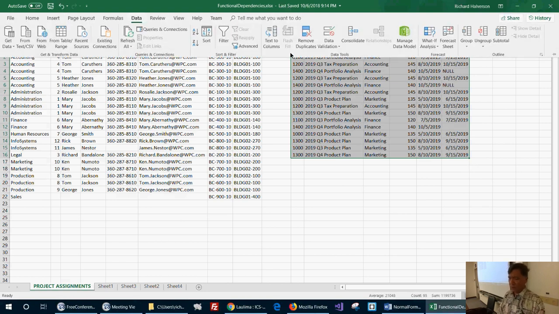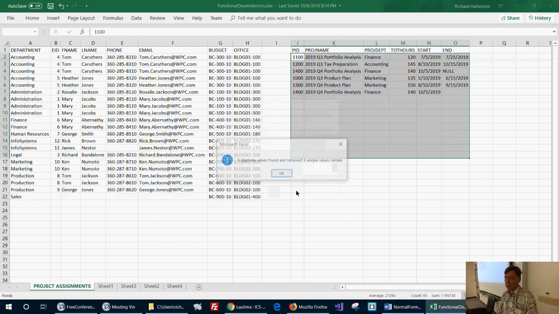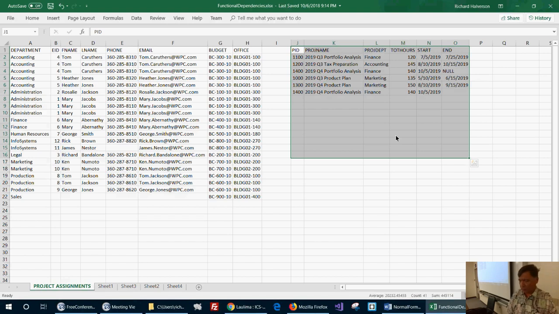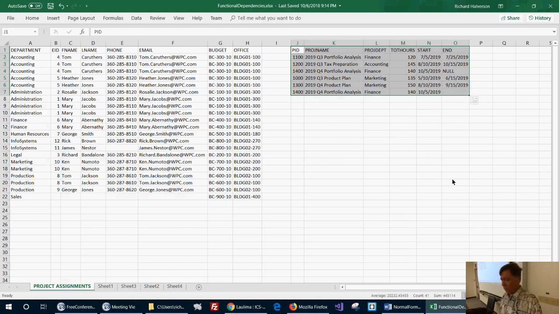So this can be data, remove duplicates, and you end up with just a list of projects. This is now in first normal form. And so is this. This is not.